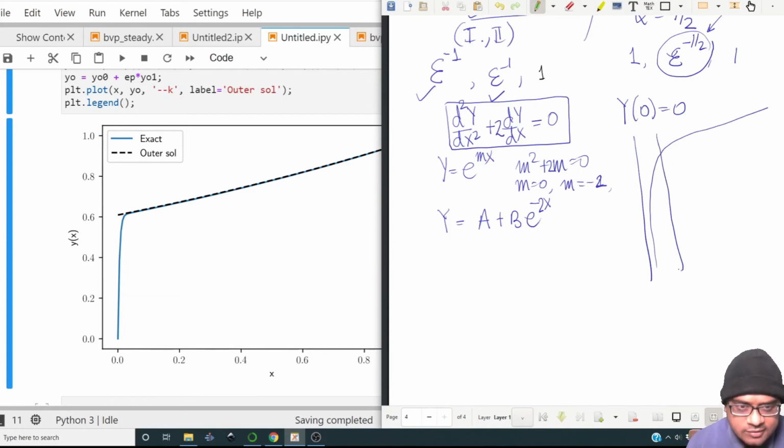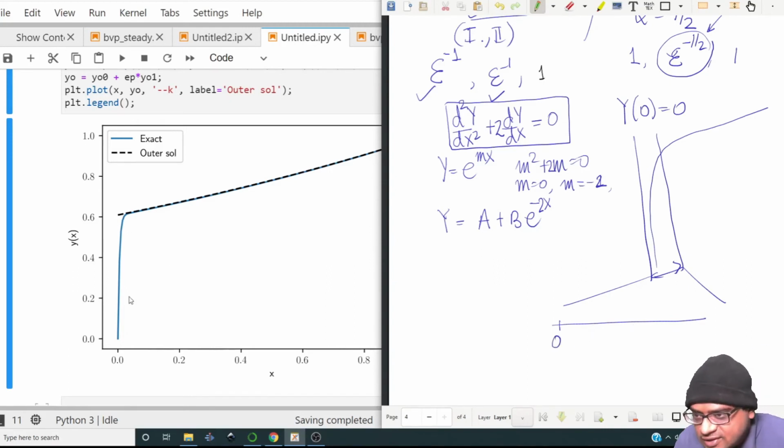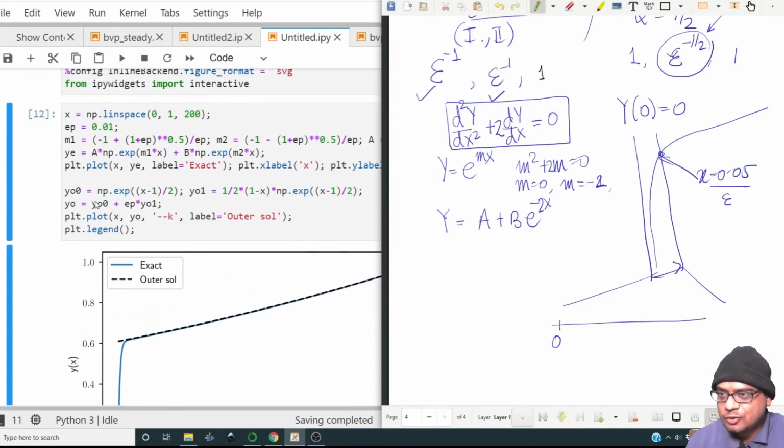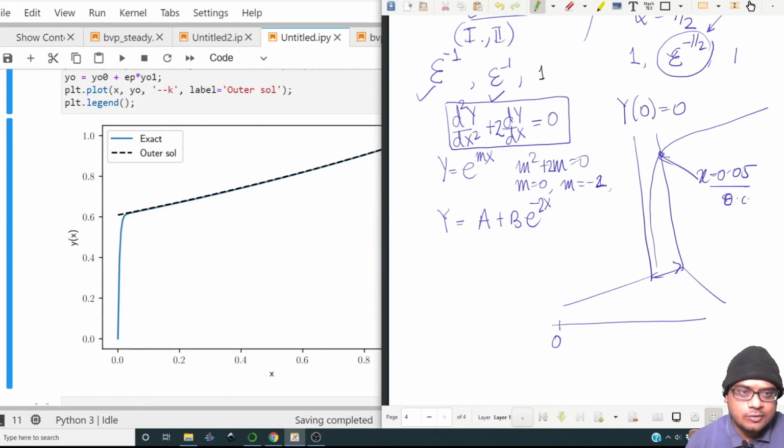So we are taking this domain where there's a fast variation and we are magnifying it so that the zero boundary still remains 0. But suppose this change happens at 0.05. Okay, this change is happening at x equal to 0.05. But I'm dividing it by epsilon, meaning I'm magnifying that 0.05 to something very large. Epsilon in this case was 0.01. So 0.05 over 0.01 becomes 5. Essentially, this boundary becomes magnified, it becomes large.